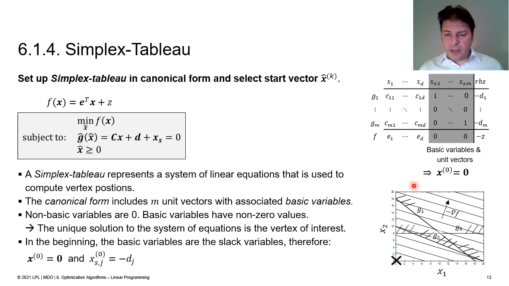So you can always create a vertex at the origin by changing your problem appropriately. Now let's assume that you are in this state, that your initial x vector is 0, and your slack variables assume the negative d values. Then let's look at the next step.